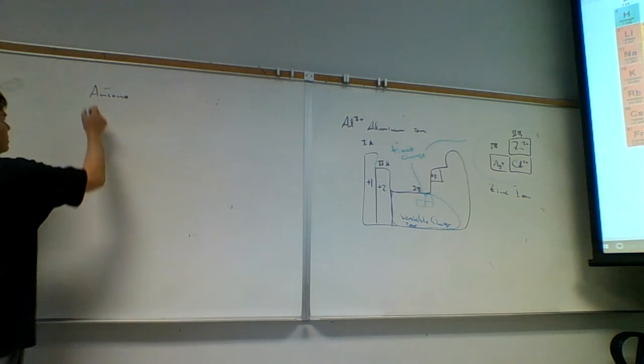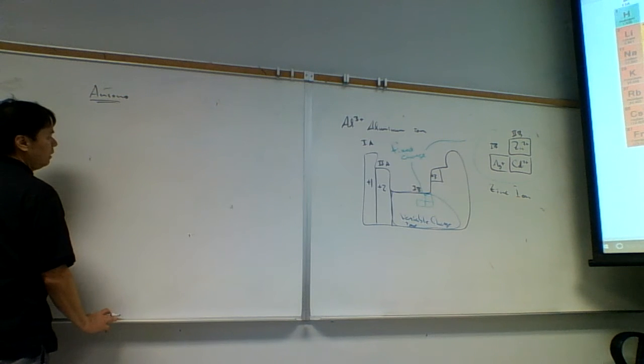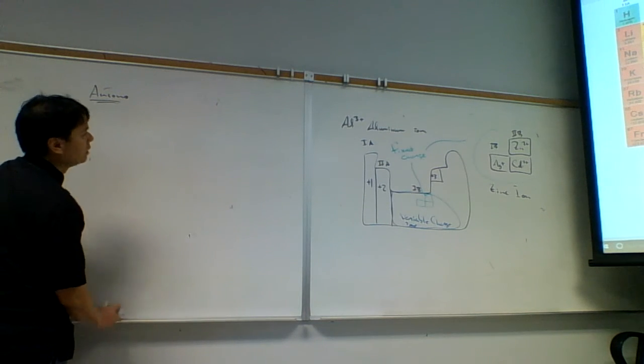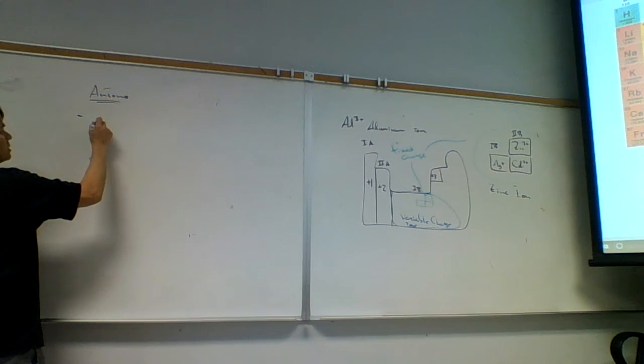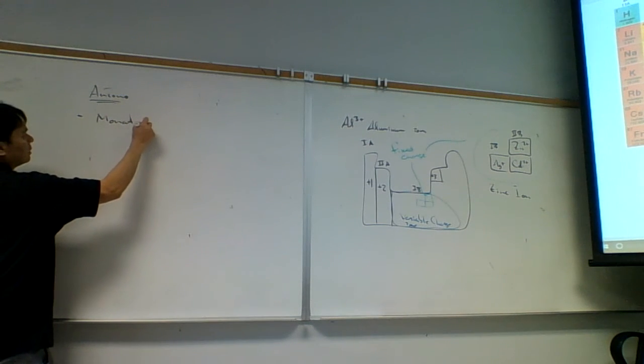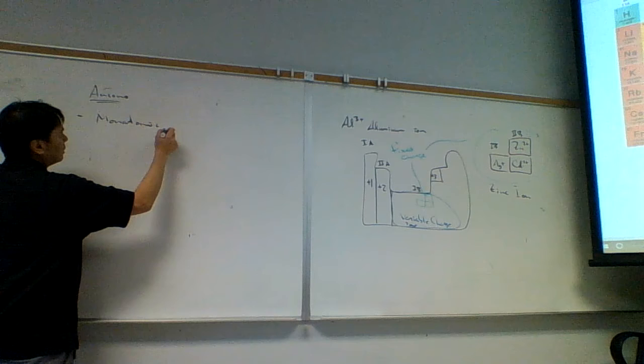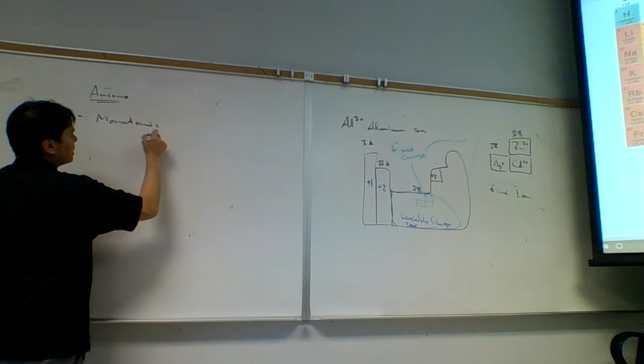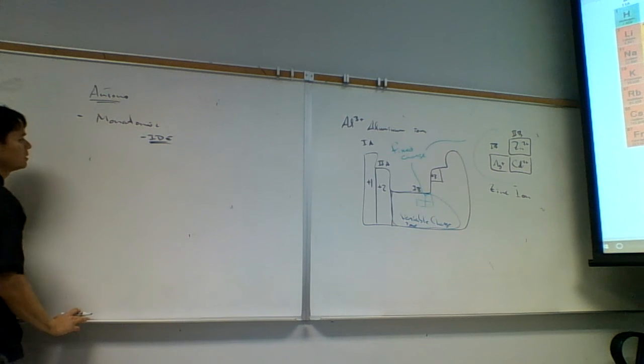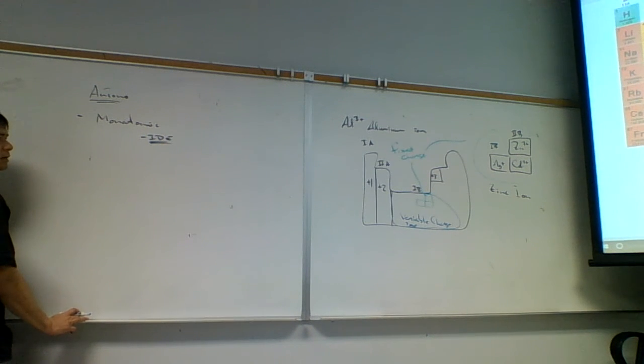For the anions, we have some anions that are pretty simple. We have the monatomic anions that end in "ide." Monatomic anions that end in "ide" are things like this.